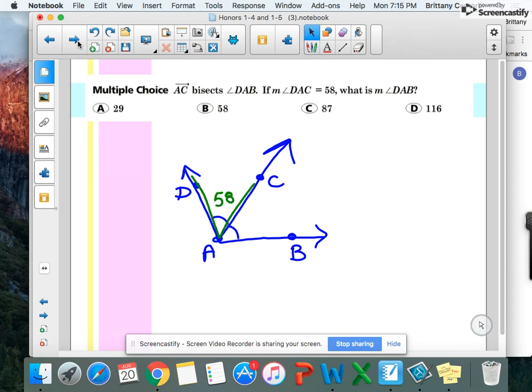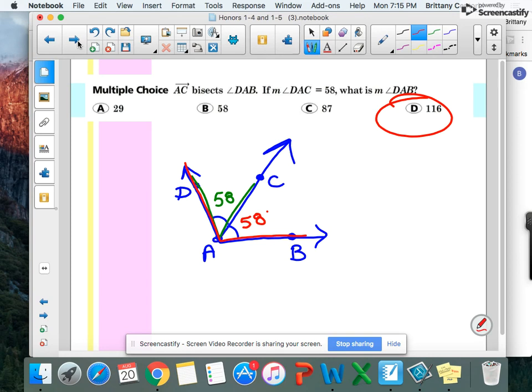And we are trying to find DAB. So again, these two angles are congruent, angle DAC and angle CAB. If they're congruent, they have the same angle measure. So CAB is also 58, and so then we're going to have 58 plus 58 to give us 116 degrees as our final answer.